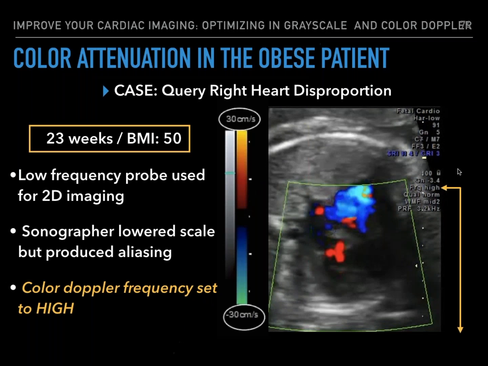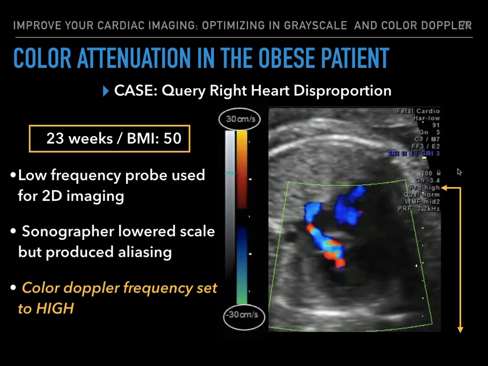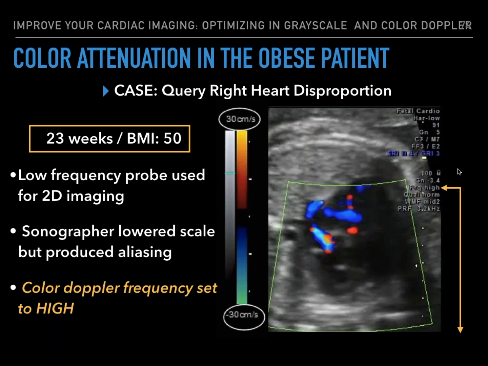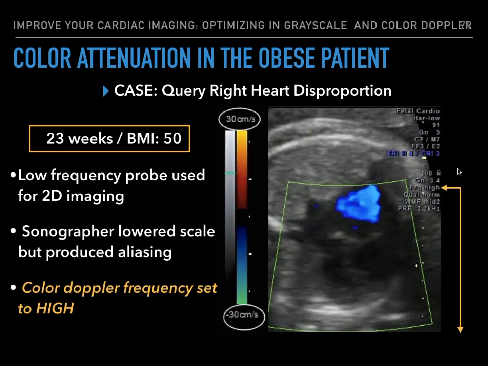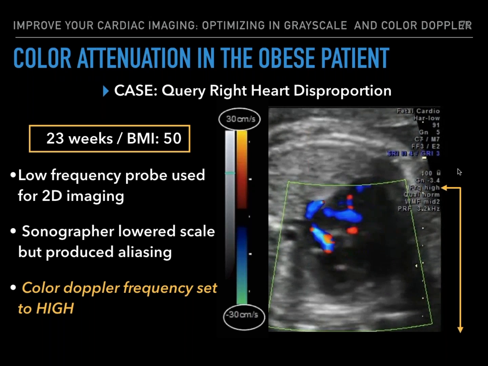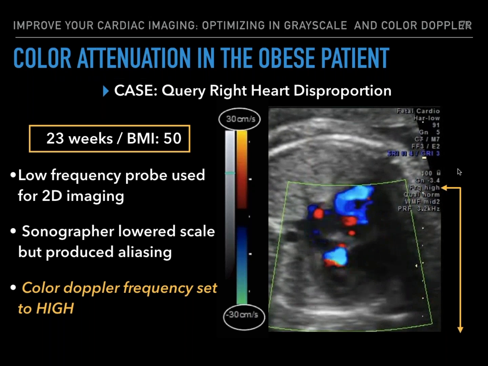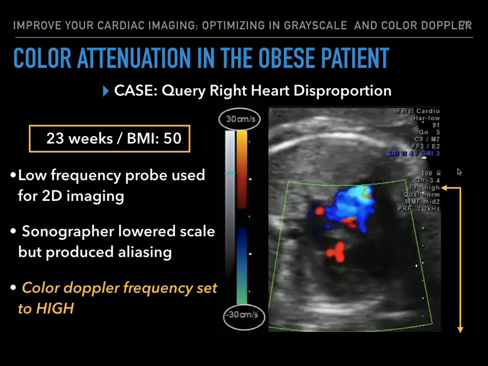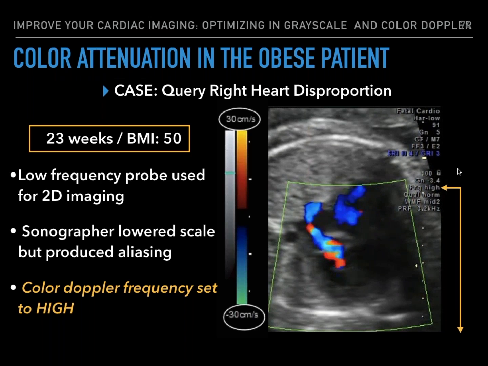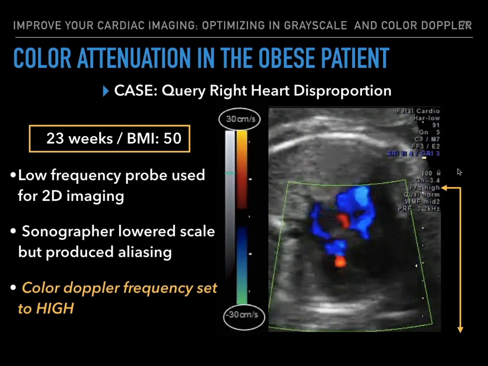In this case, this is a query right heart disproportion. This is a 23-week gestation with a patient BMI of 50, so this is a very difficult scan. A low-frequency probe was used for 2D imaging, and the sonographer lowered the scale to try to fill the heart in with color. As you can see, it's as low as 30 centimeters per second, but only produced aliasing.